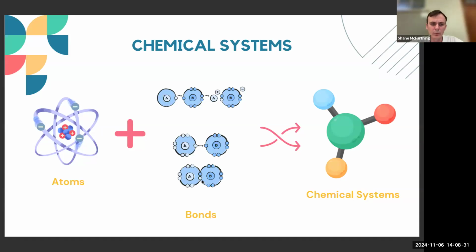Why this is important is that atoms can be bonded together into specific arrangements, and these form chemical systems. The arrangements and types of bonds and types of atoms in them all come together to give the system specific properties. That's of interest to us because it literally constitutes everything that we have around us.